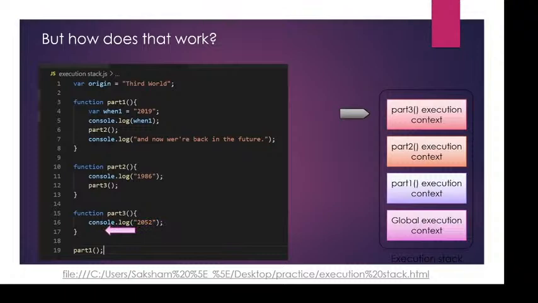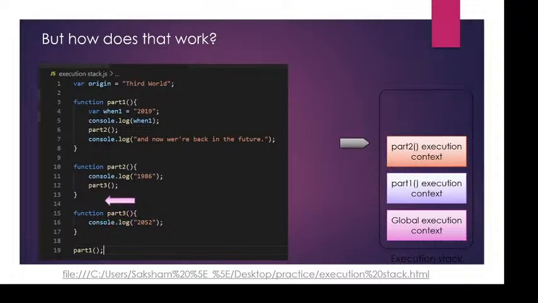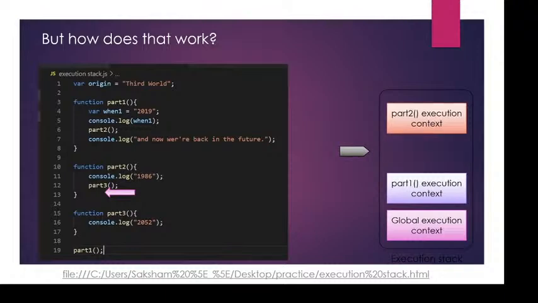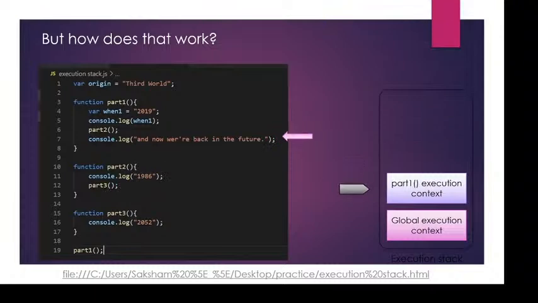How will we? This execution context of part 3 will just get popped out and the stack pointer will go down, just like that. Then in the part 2 execution context, we're now completely done with it. There is no further statement to be executed after part 3. Okay. Then in the part 1 execution context, a console.log statement was left to be executed.